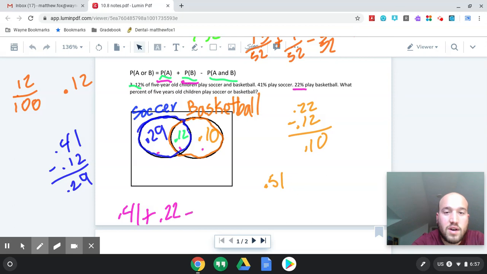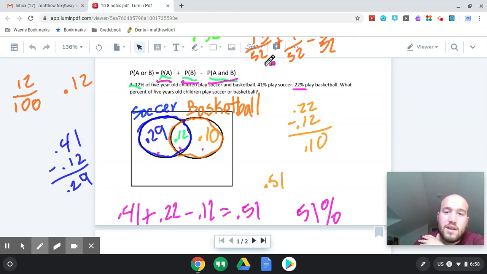And then we have to subtract the probability of both. So 0.12 is what's shared. In this case, 0.41 plus 0.22 is 0.63. And if we subtract that 0.12, we're left with 0.51. You can leave it like that, or you could write that as 51%. So either way we think about it, we'll get the same answer.